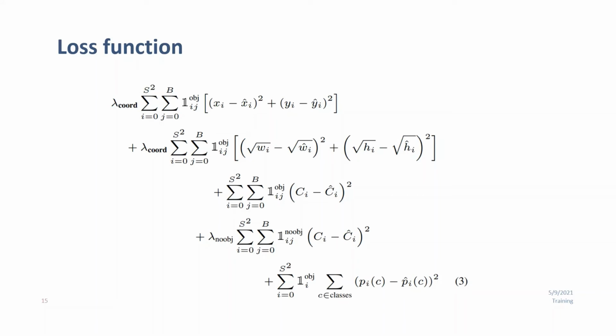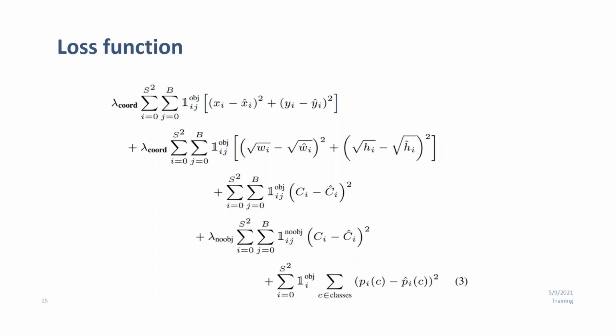But here there is a problem. We cannot weight localization error equally with the classification error. That might not be ideal, because in every image, many grid cells do not contain any object. This pushes the confidence scores of those cells towards 0, often overpowering the gradient from cells that do contain objects.